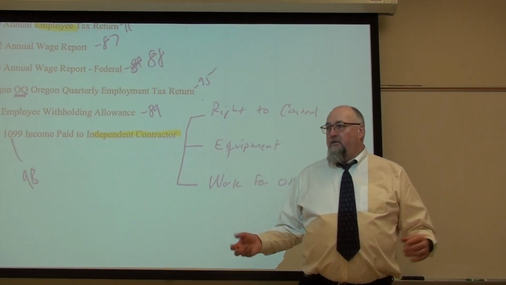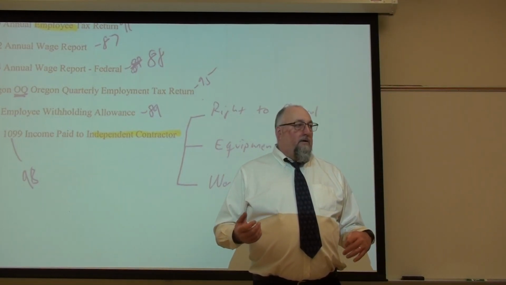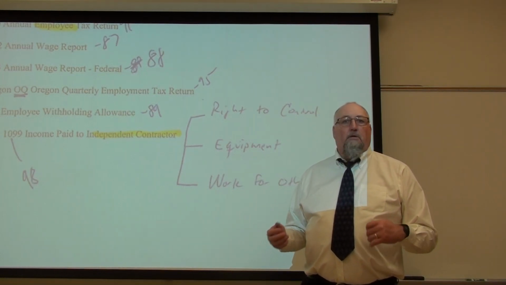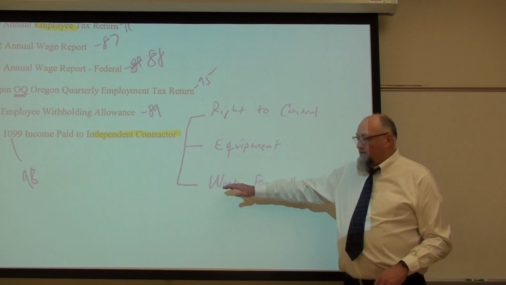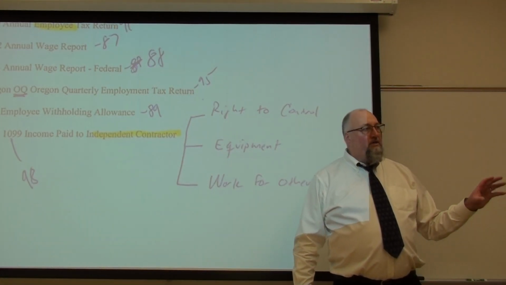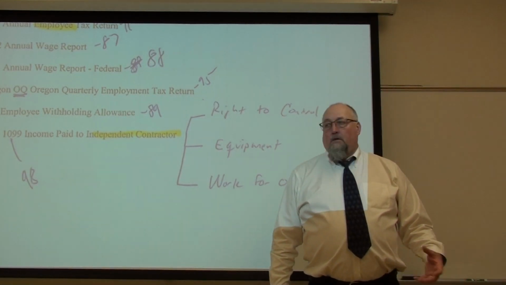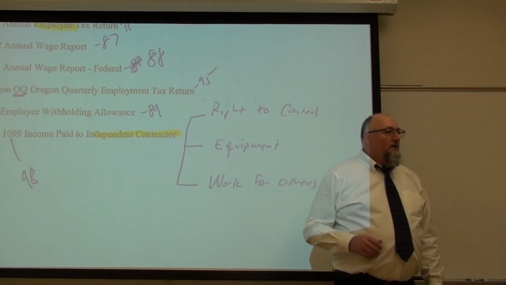Do you have a web page? Do you do this type of work for other people, not just me? Do you have your own location, your own office, all those kind of things? In that case, if you do that, you work for lots of different people building web pages, that's more like an independent contractor. So those are kind of the three main categories we look at.